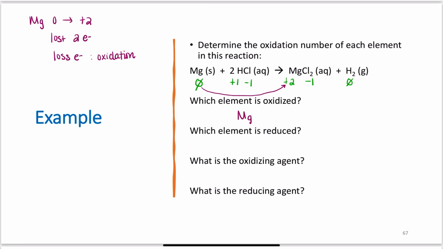So magnesium has been oxidized. Notice I'm writing magnesium here, not magnesium ion. Magnesium ion was not oxidized. It is on the reactant side. The magnesium solid has been oxidized. Because it has been oxidized, it has reduced something else. It is a reducing agent.